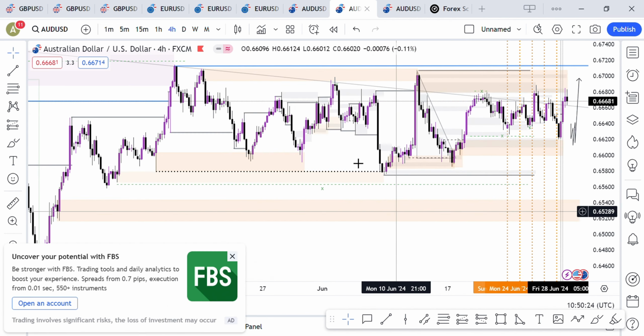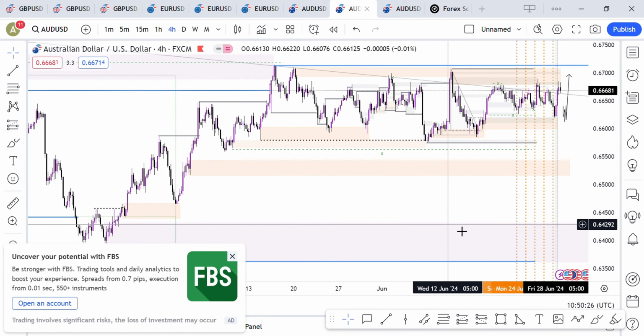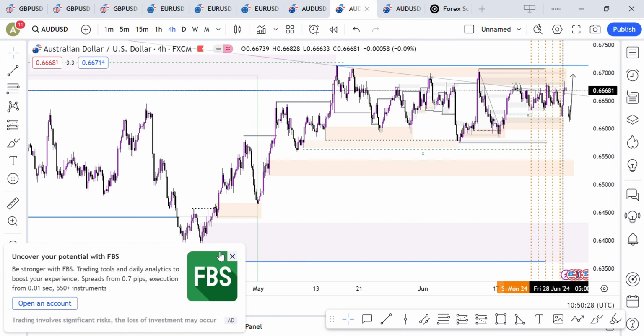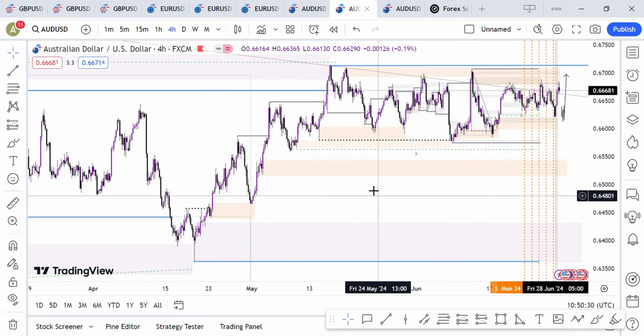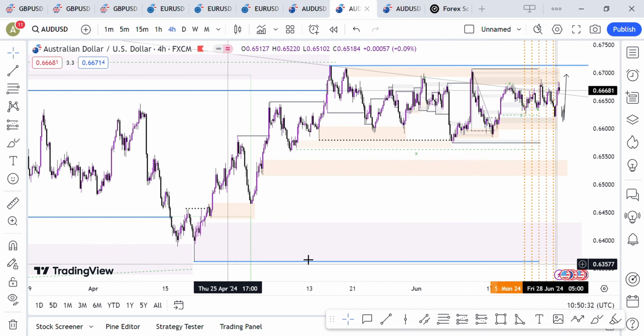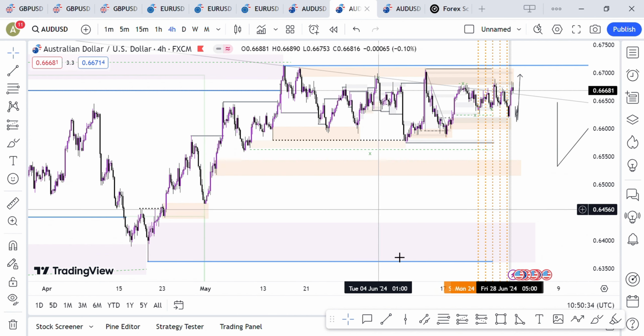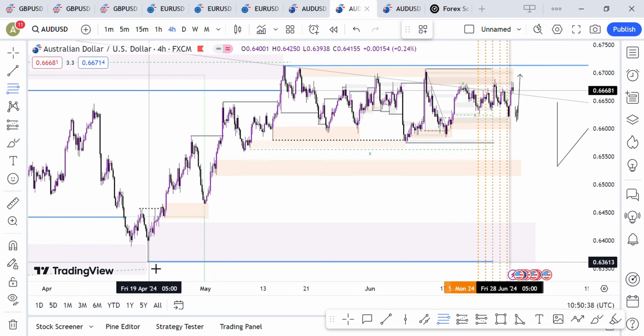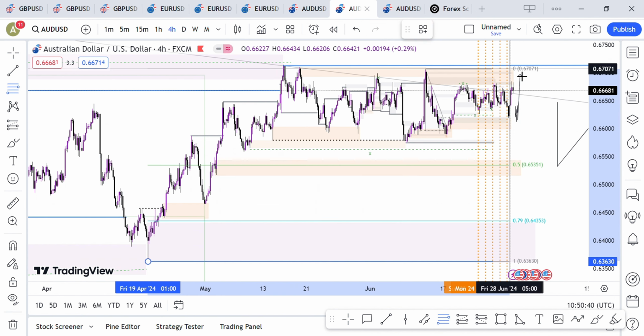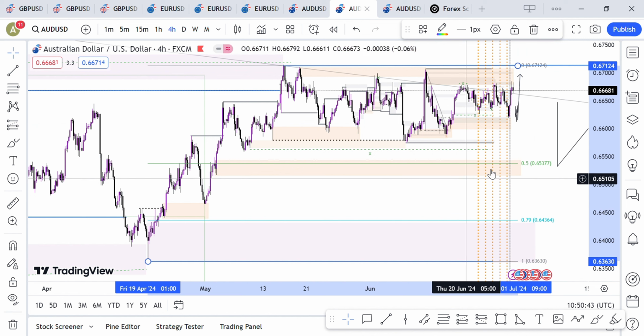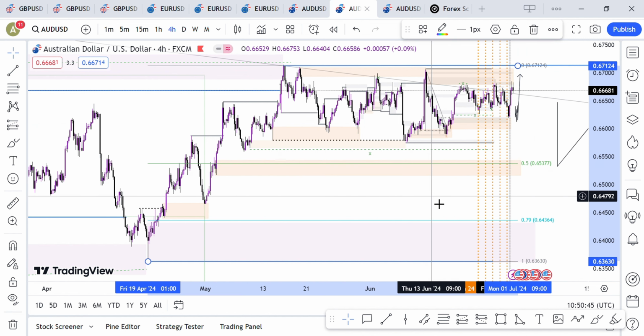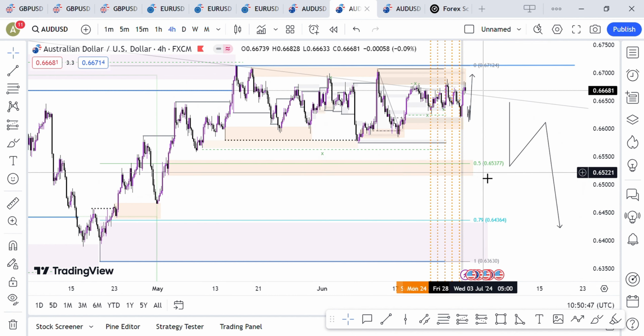From the 4 hour, like I said before in all of my previous videos, we have the 4 hour ranging from this high to this low, and to be honest, price has not come to our discount area. If I draw my fib, as you can see, price has not come to this equilibrium point.